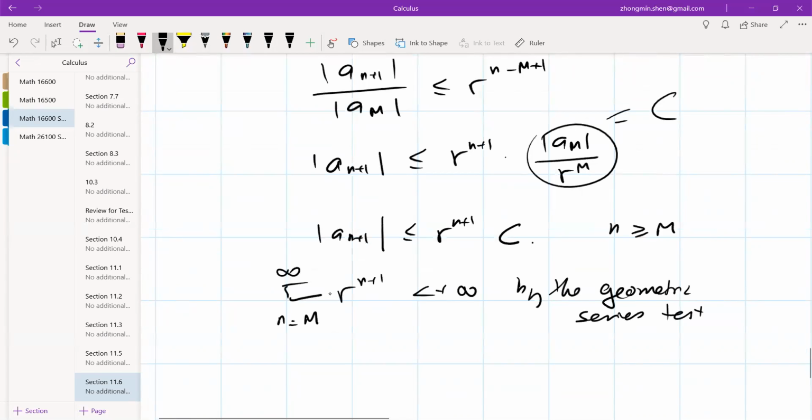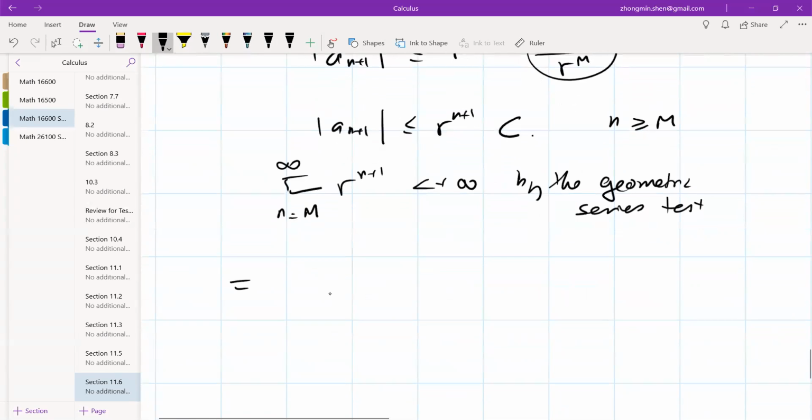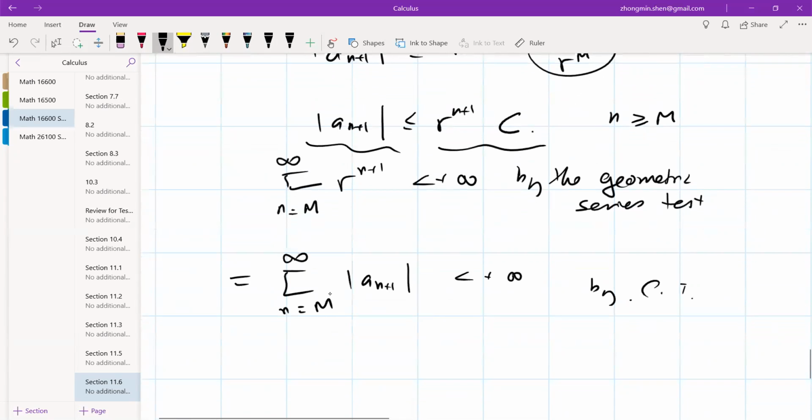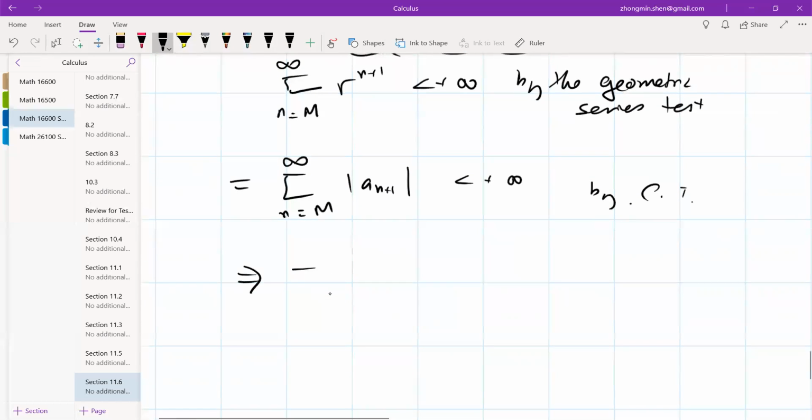That implies it's finite, by the comparison test. We compare these two, then that implies that if n started from capital N, the sum of the absolute values is finite too, because it really doesn't matter what the first terms are.